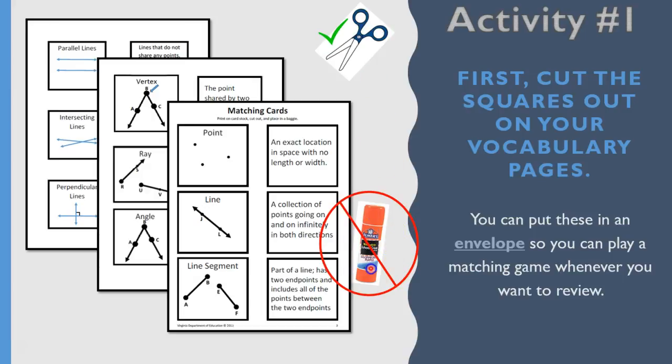Okay, so you are going to be able to cut these squares out and just put them in an envelope, and then that way you can play a matching game whenever you would like to review. So you could do it in a lot of different ways. You could just have them all spread out and try to find the matches. You could possibly play like a memory game and try to find matches that way, but it contains all the words and all the verbal descriptions and pictures that you need to know for 4th grade.